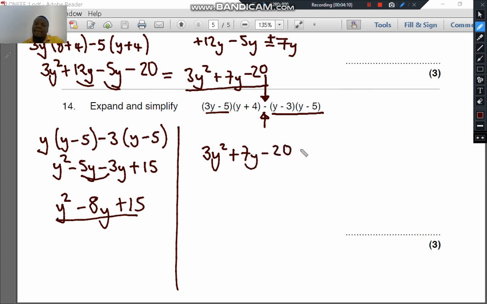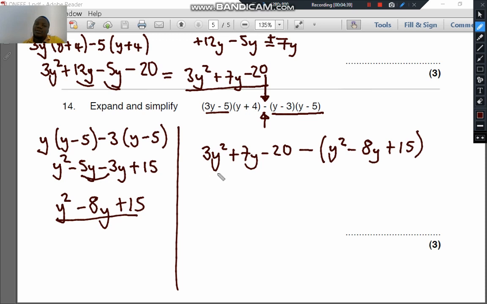Now we're going to say minus and then brackets, because this negative here complicates matters. It is different with the positive sign, which is a plus. If it's a plus, you don't need to put brackets. But when there is a negative, you've got to put brackets. And then you just put this guy here, which is y squared minus 8y plus 15.